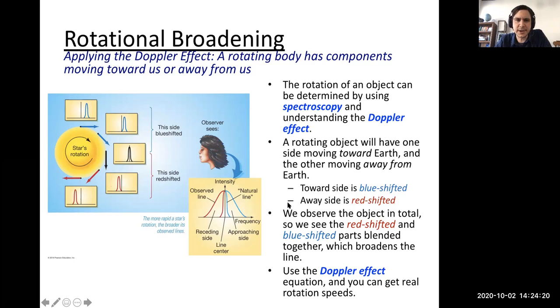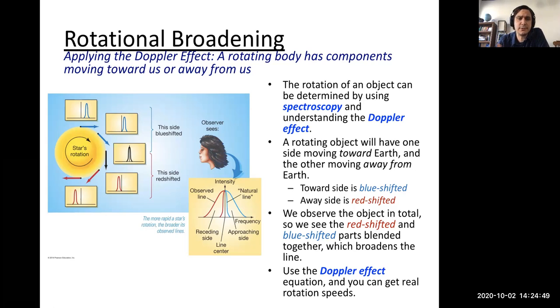And how that is spread out is due to how this rotates. Again, we can tease that out from the other effects. And it gives us a way by how broad it is. If it's spinning faster, more blue shift, more red shift, you'd have a broader line. If it's rotating slower, a narrower line. So you can tease out, and remember with the Doppler effect, not only can we detect the direction of motion towards or away, but also back out the speed.